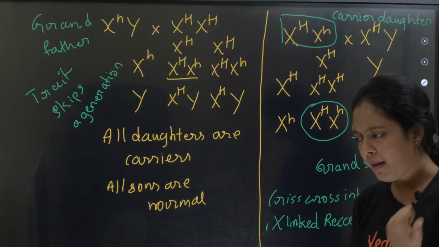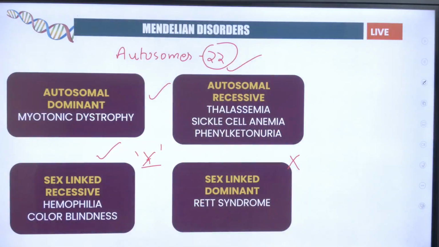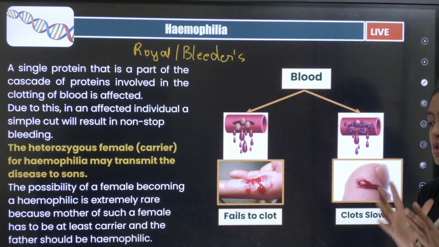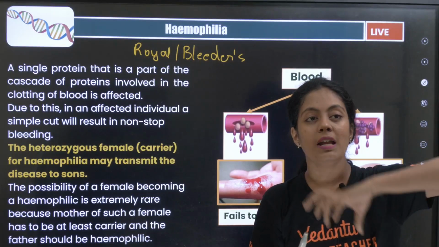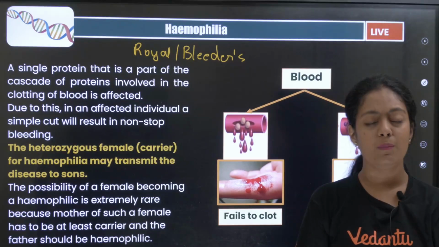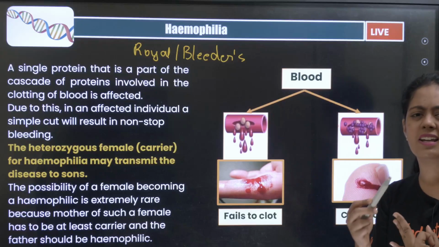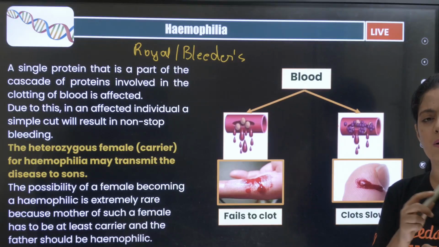Okay, now ma'am, what happens in hemophilia? Hemophilia is very simple, kids. Hemophilia is due to a deviation or an absence of a clotting protein. You know what different proteins are involved in clotting: fibrinogen, clotting factor A, B, thrombin, thromboplastin.